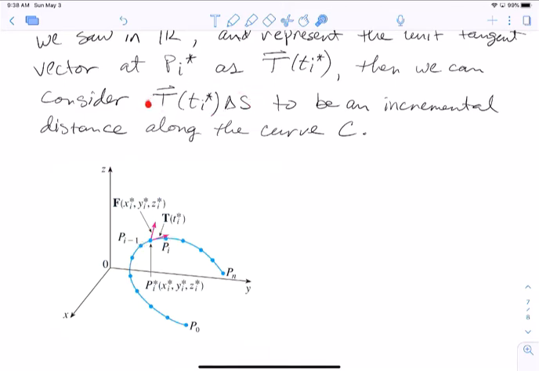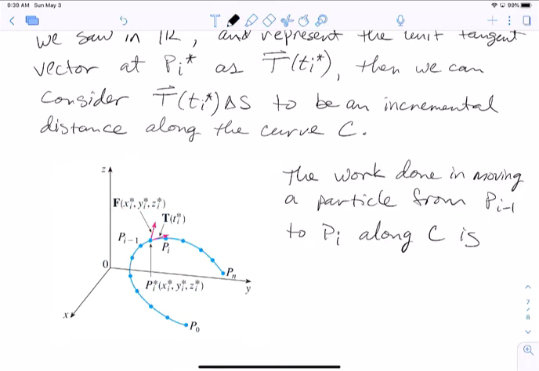Considering T of t sub i star times delta s as a distance, and F, the vector field, as a force, the work done in moving a particle from P sub i minus 1 to P sub i along C is the sum as i goes from 1 to n of F of x sub i star, y sub i star, z sub i star dot T of t sub i star times delta s.